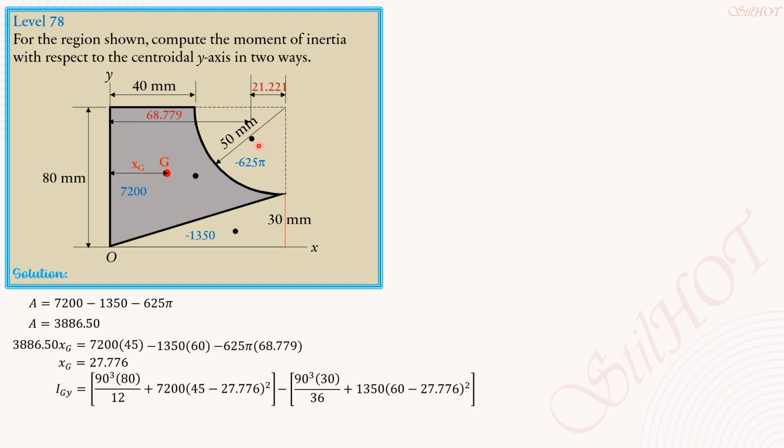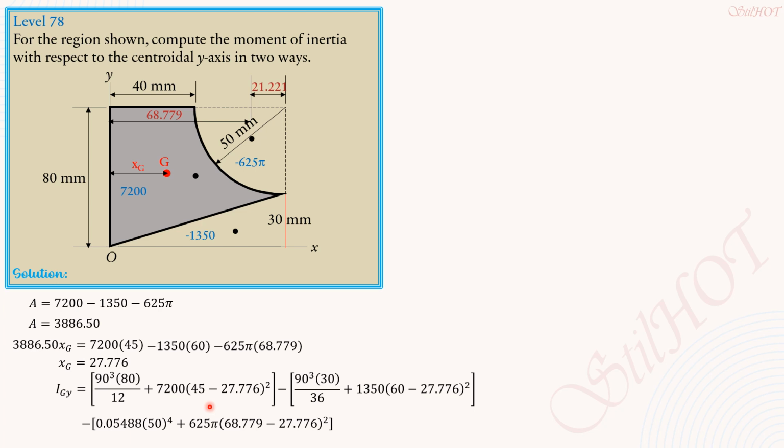Then for this quarter circle, the moment of inertia with respect to this centroidal y-axis is minus 0.05488 times 50 to the fourth plus 625 pi times quantity 68.779 minus 27.776 squared.